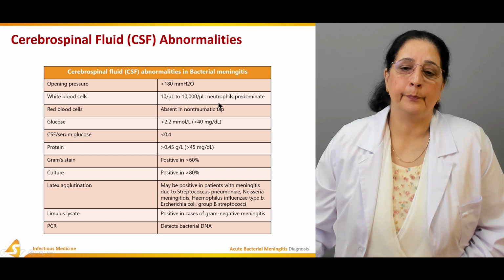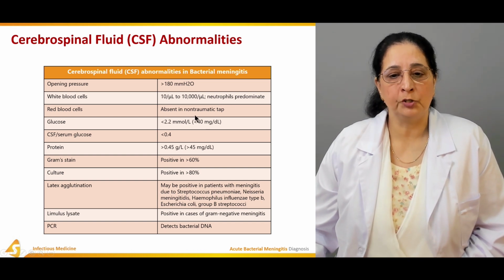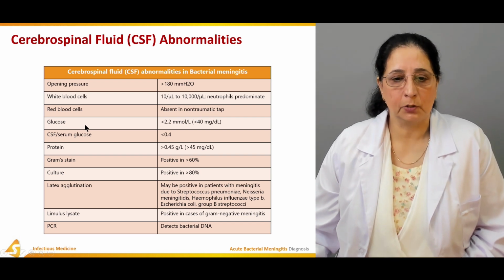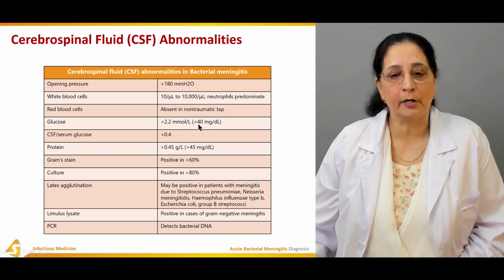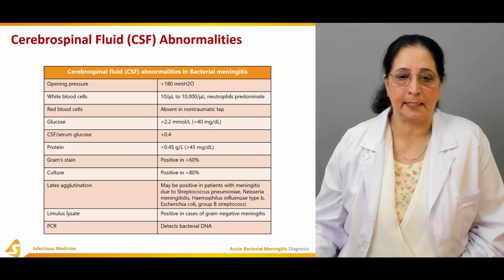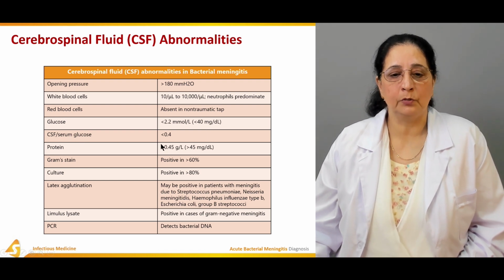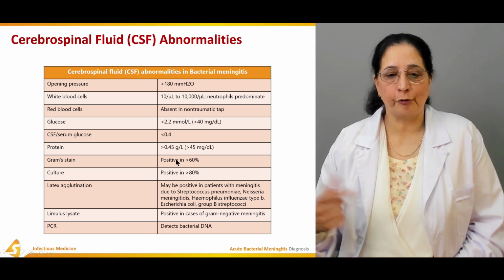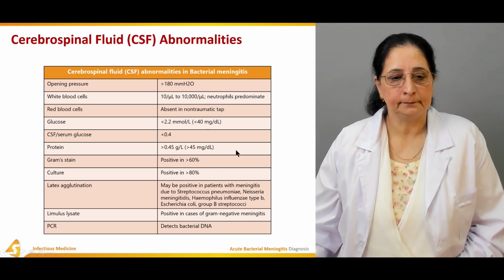Neutrophils usually are predominant. Red blood cells absent in non-traumatic tap. Glucose less than 2.2 millimole per liter or less than 40 milligram per deciliter. So glucose is less than 40. Cerebrospinal fluid to serum glucose ratio is less than 0.4. Protein is increased, more than 45. So low glucose, high protein.